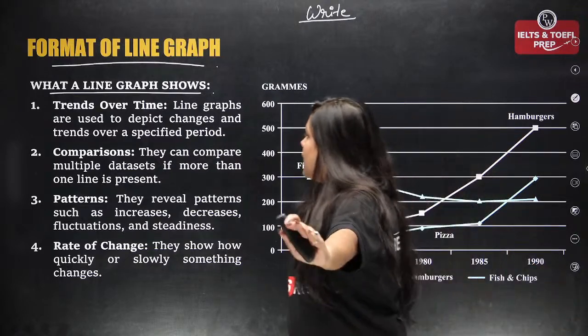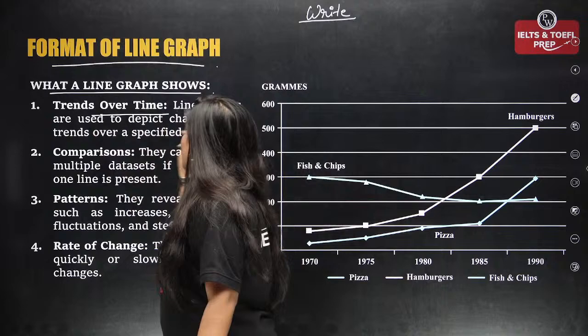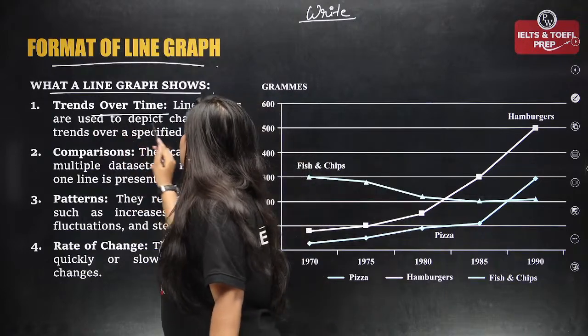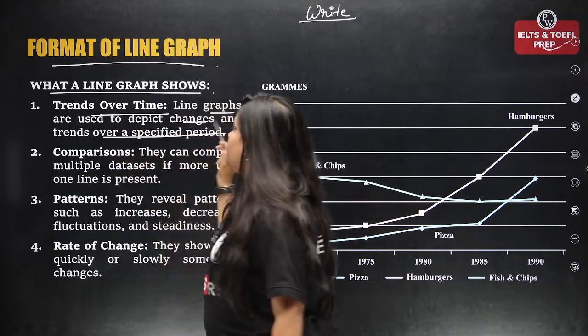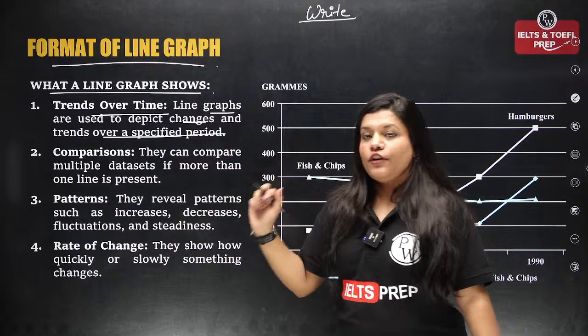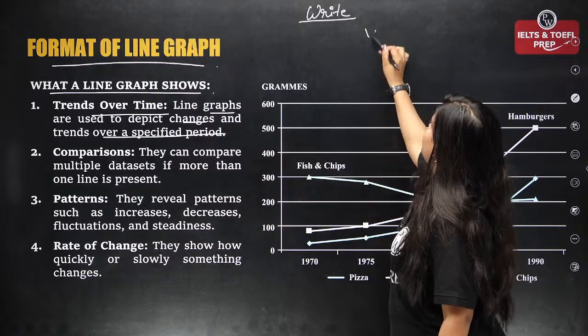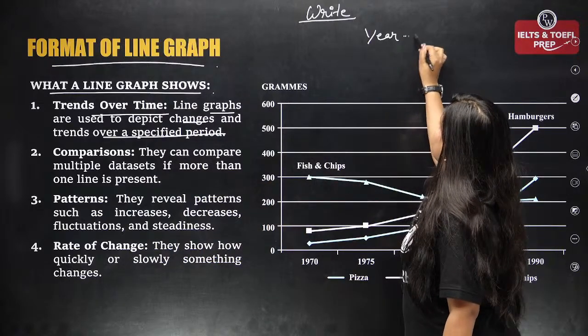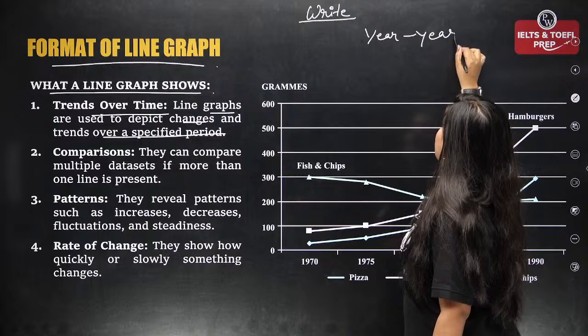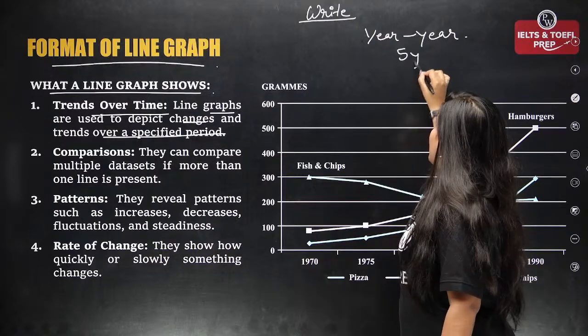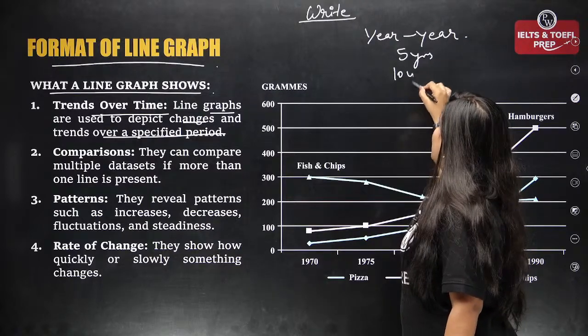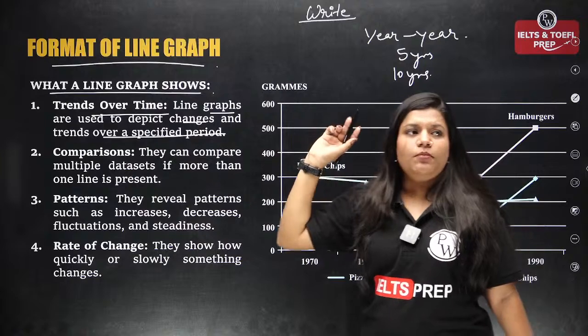Now, trends over time. Line graphs are used to depict changes in trends over a specified period of time. For example, from this year to this year, what is the trend change? It can be a period of 5 years, 10 years, 50 years, whatever the time period is.